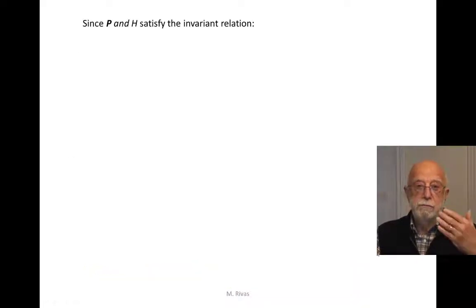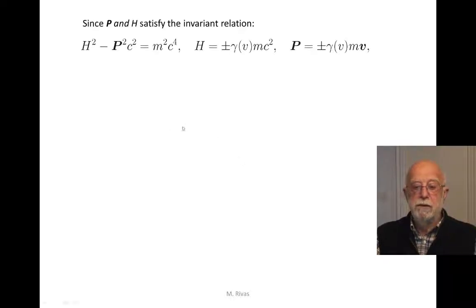Now, since p and h satisfy this invariant relation, introducing the expression of p, we get that the Hamiltonian, the energy, and the linear momentum can be written in terms of the velocity of the center of mass in the usual way, like in the point particle case, but we have a plus or minus sign here, because the relativistic formalism supplies two solutions.